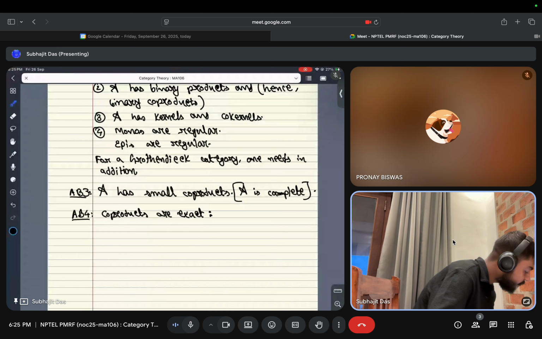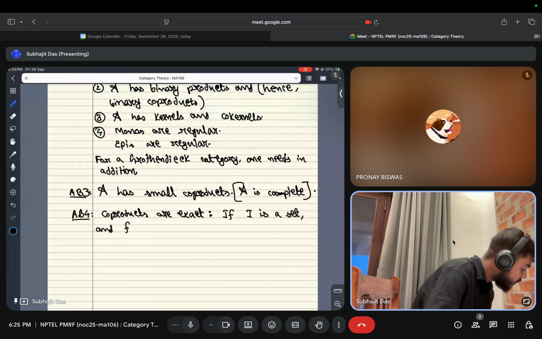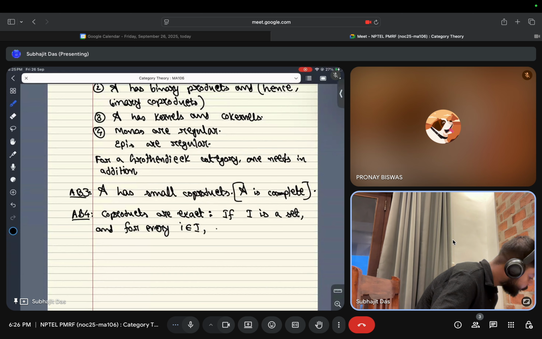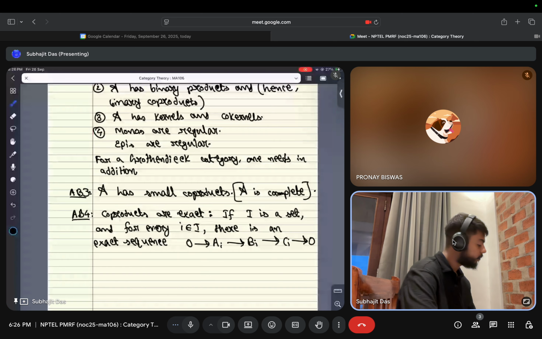By this I mean that if I is any arbitrary set, and for every i in I there is an exact sequence, let's say a short exact sequence 0 to A_i to B_i to C_i to 0. Let's say this is f_i, and this is g_i, right?